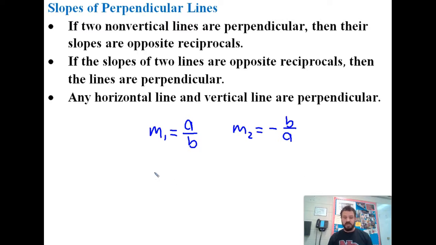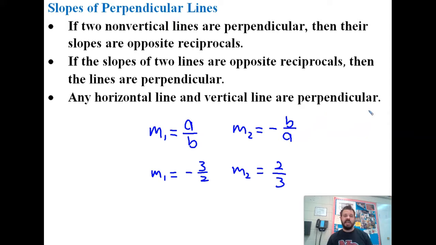So a specific example, we could say that if m1 is equal to negative 3/2, m2, its opposite reciprocal, would be a positive 2/3. Having that opposite slope, doing all this stuff backwards, is what's going to make them have that right angle when they come together.